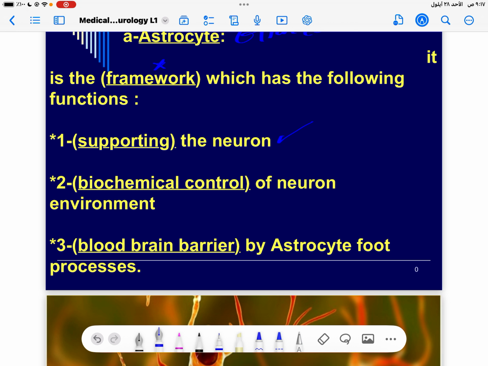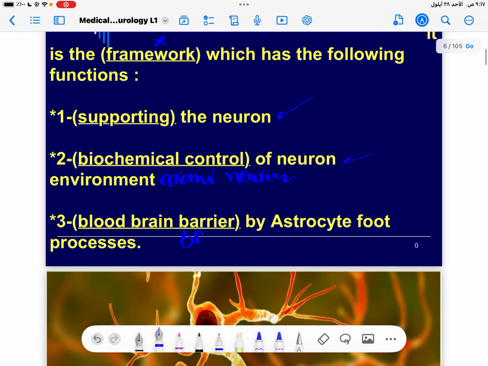The number two function, which is a very important function, is the biochemical control of the environment around the neurons. We'll see later on when we discuss the diseases and disorders of the nervous system that any change in the neurons could lead to disorders of the nervous system.